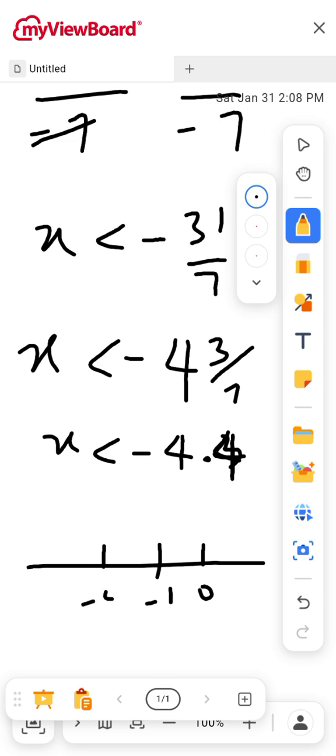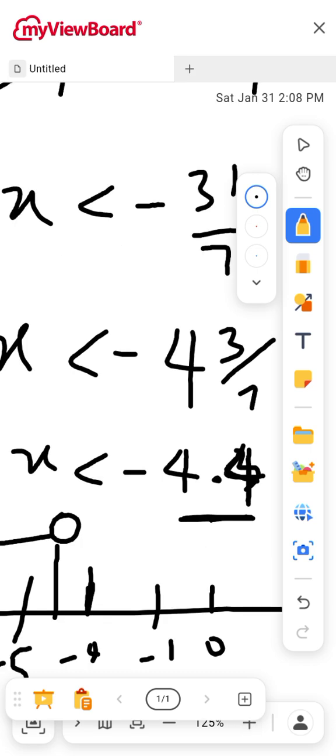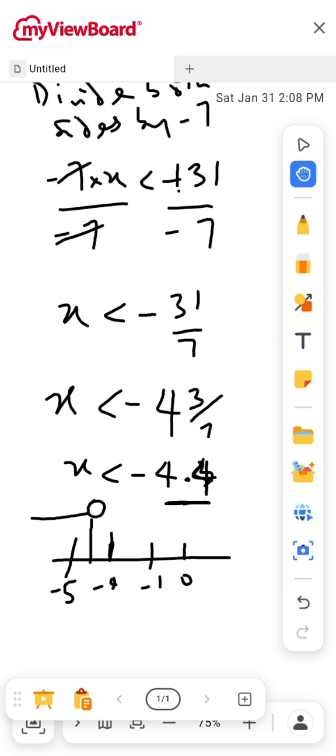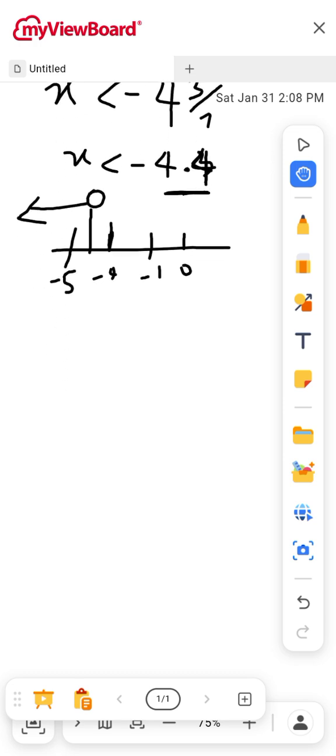Let's say I have minus 4, minus 5. This negative 4.4 is a number between here. So you draw it. Where are the values less than it? On this side. You follow the direction, and that is how to represent your answer on the number line.